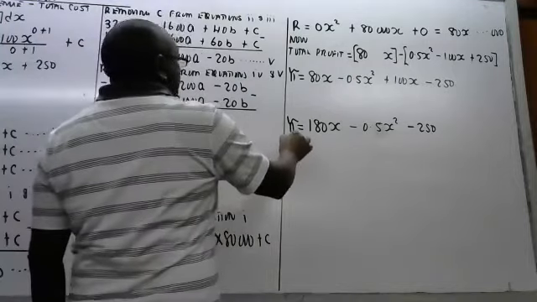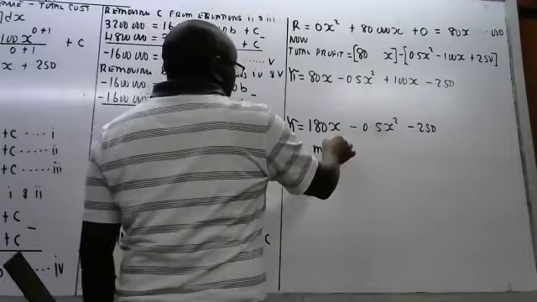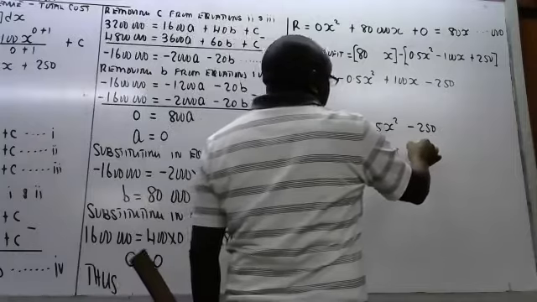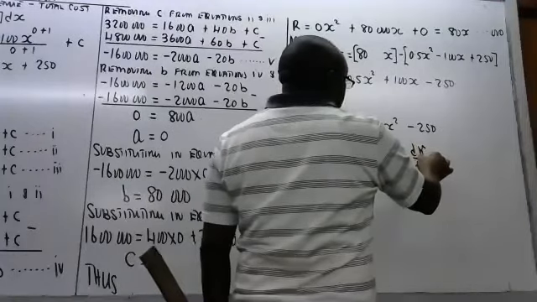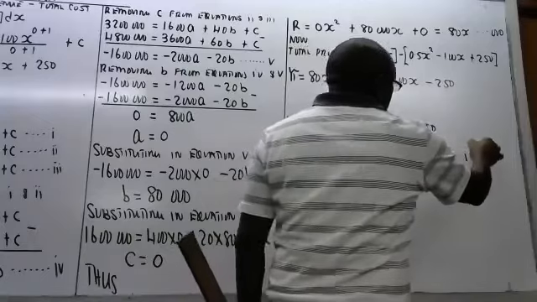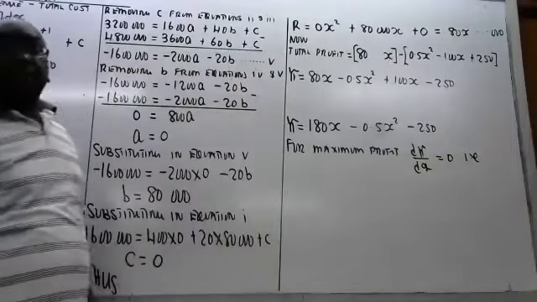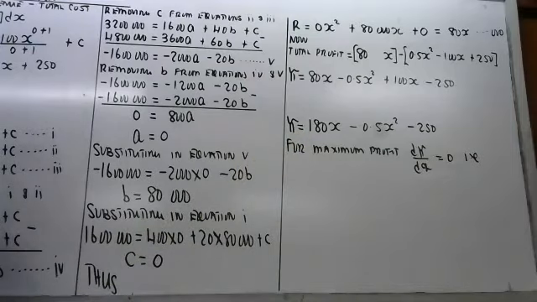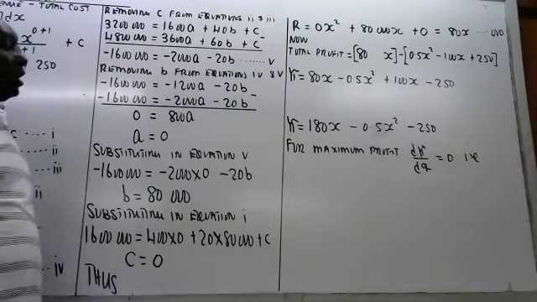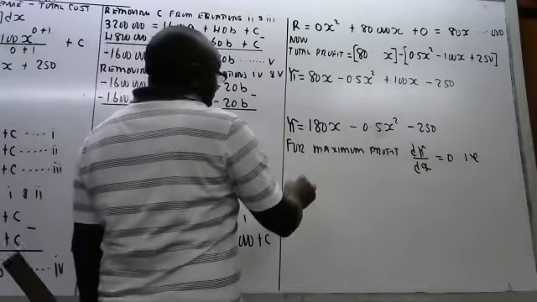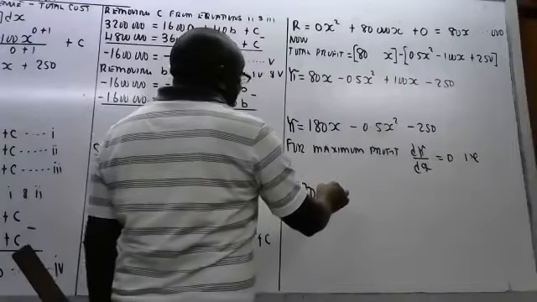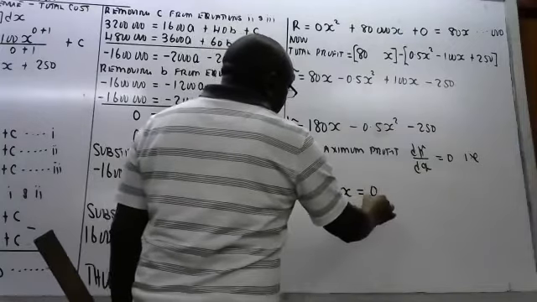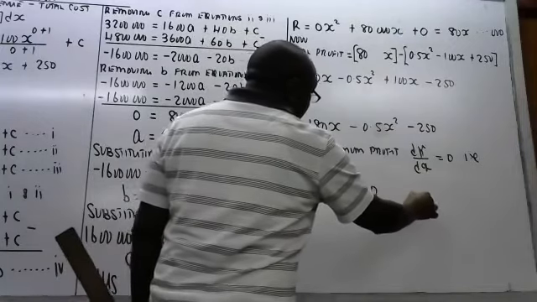Then you proceed and say, for maximum profit, the differential of pi with respect to Q should be 0. That is, if you differentiate this, you will be left with 180 minus 1x is equal to 0, and therefore x should be 180 units.